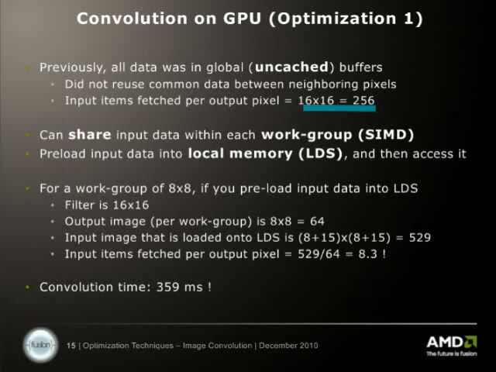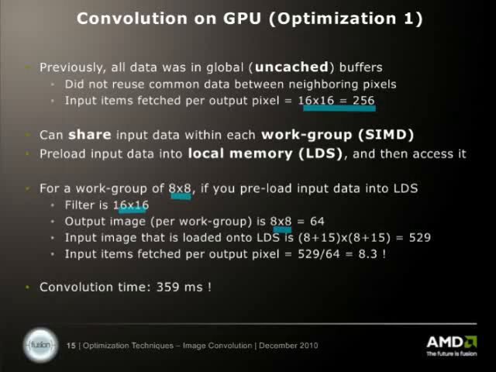So when you have a work group and you use local, the whole work group maps to one SIMD, and this local maps to the particular LDS on that SIMD. So we'll put all the memory onto the local pointer, which would be LDS, and then we'd start accessing the memory again and again repeatedly from that local memory.